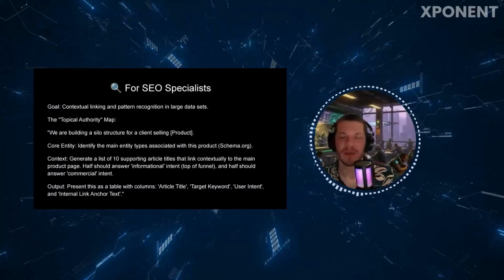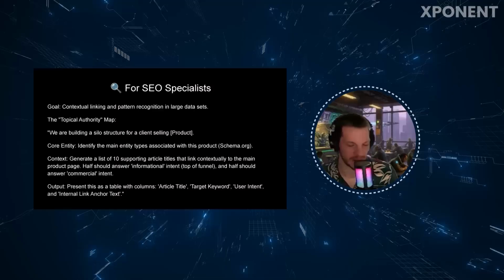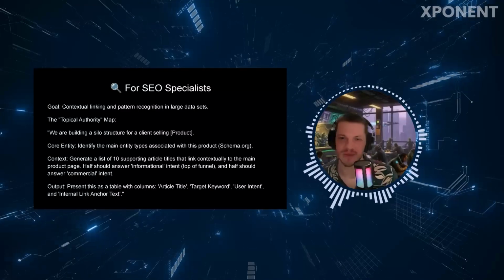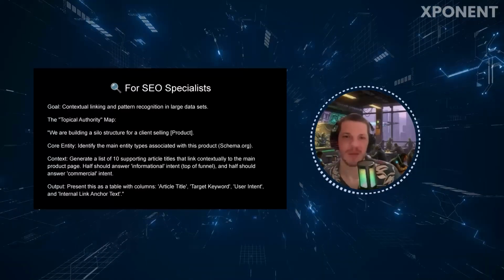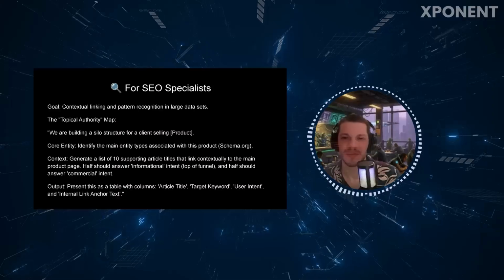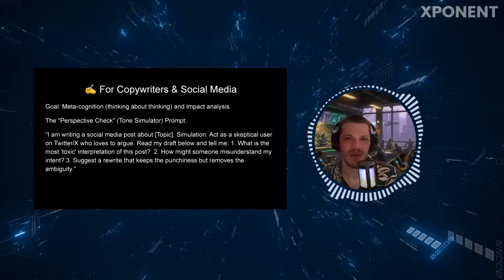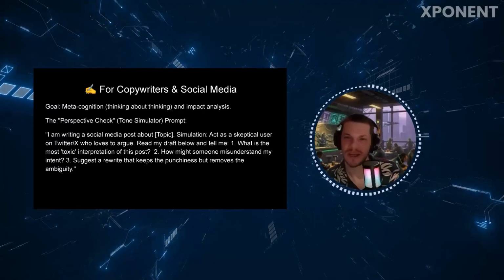So you can come up with a lot of new ideas and make sure that you're hitting the keywords and titles and target markets or target sectors very quickly before you start writing articles. You can then search the titles that you got or do a perspective check or a tone check on that content.